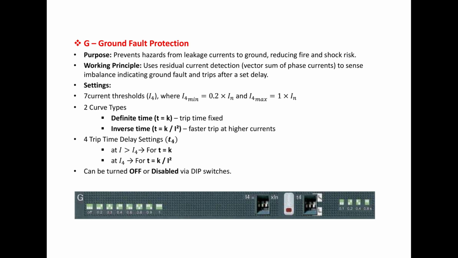There are 7 current thresholds I4 for this function, ranging from 0.2 times In to 1 times In. It has two curve types, definite time t equal to K and inverse time t equal to K by I square. It has 4 trip time delay settings T4 and can be disabled by dip switches.